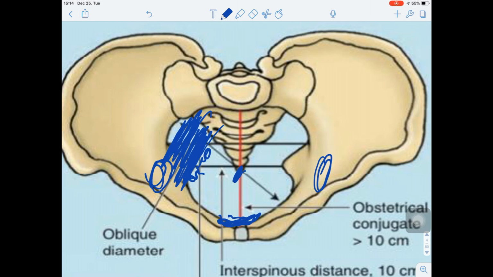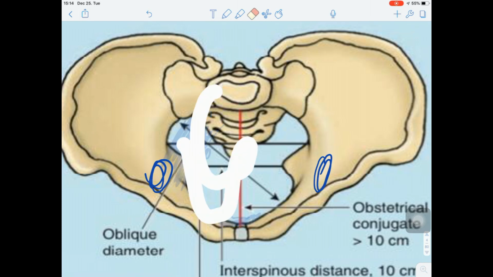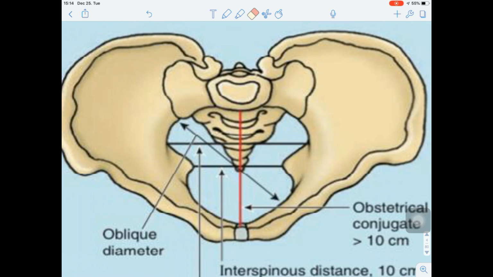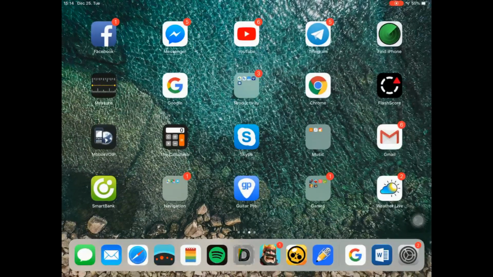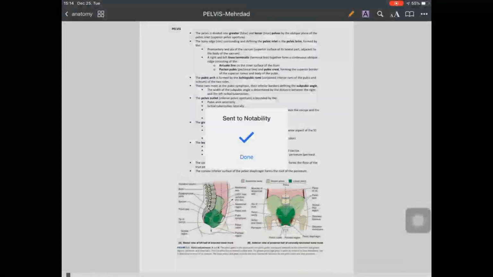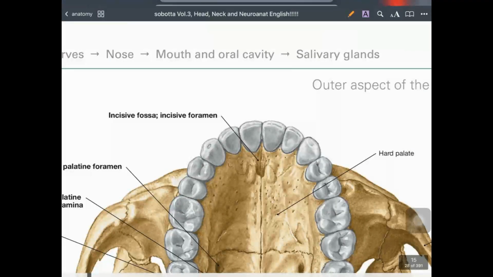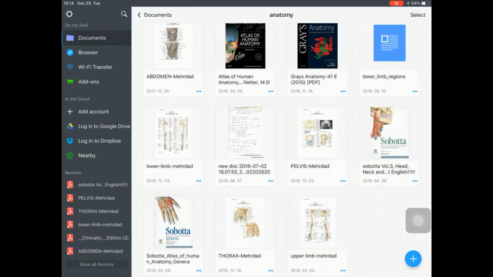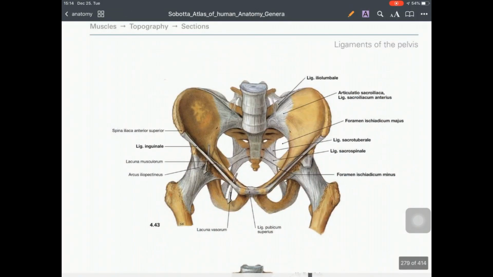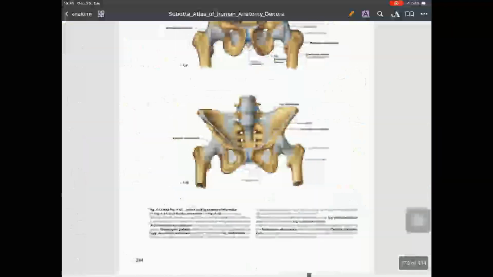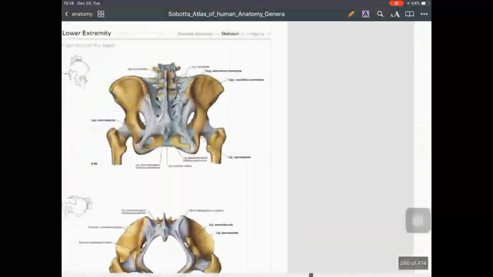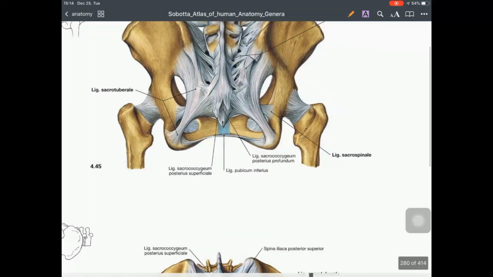Let me get to a picture from Sobota, because I remember there are really nice pictures. There it is. So here's a posterior view.